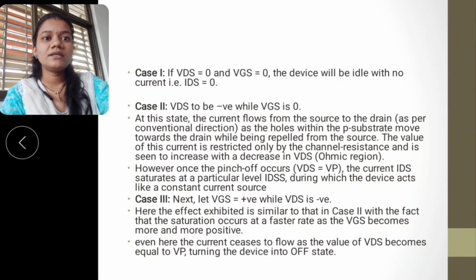And now case 3, the VGS is positive and VDS is negative, okay. When more positive VGS is applied and VDS is negative, so that time what happened, same like case 2, the saturation will occur at a faster rate as VGS becomes more and more positive.